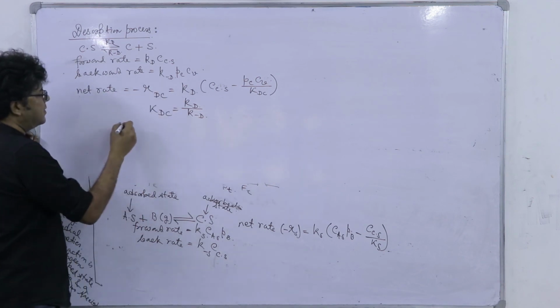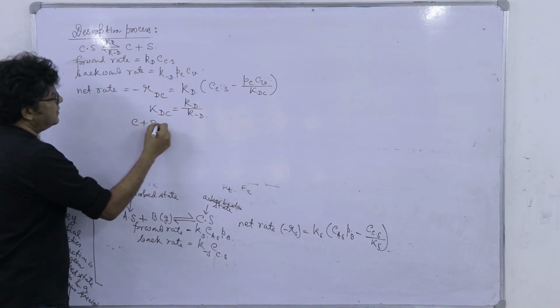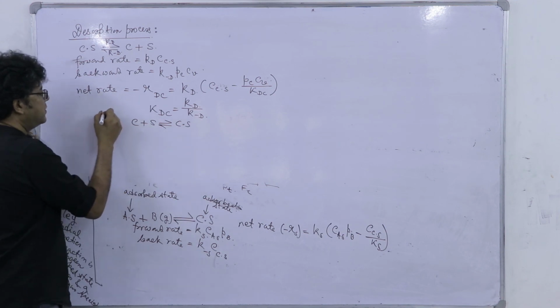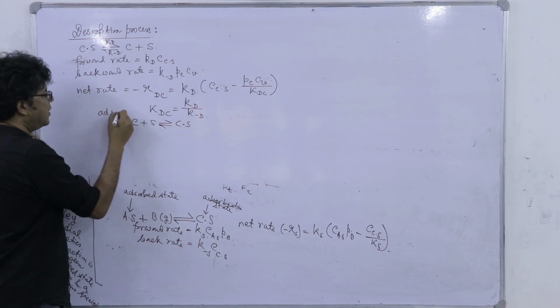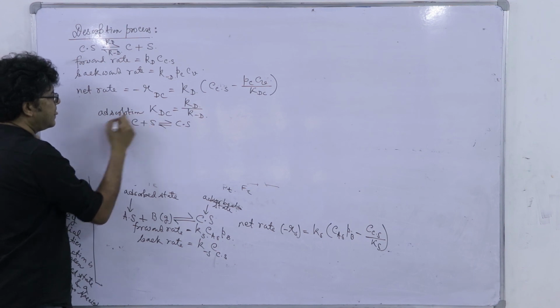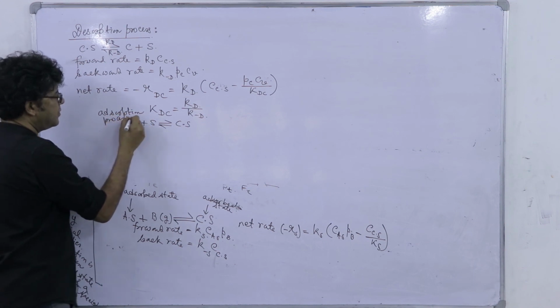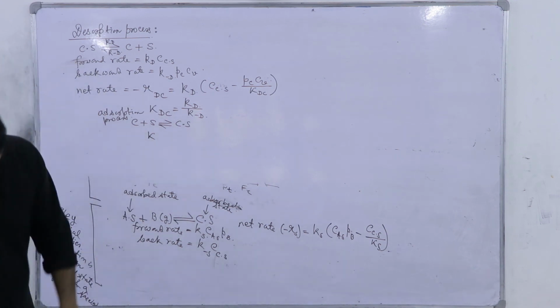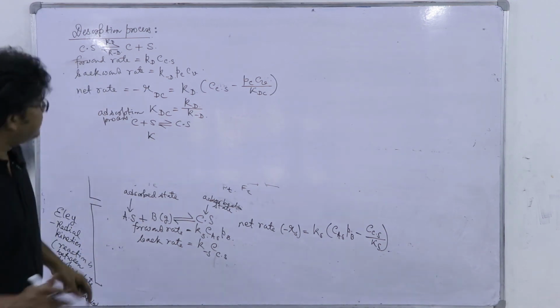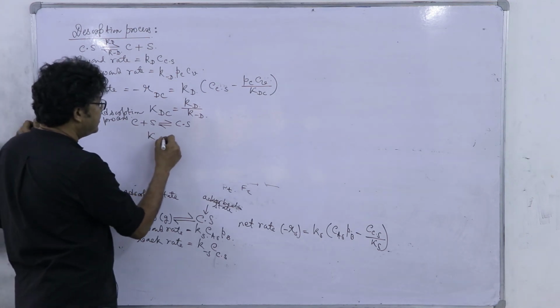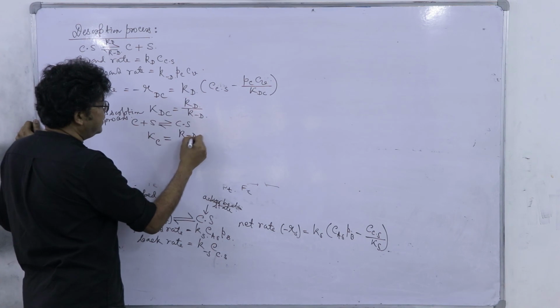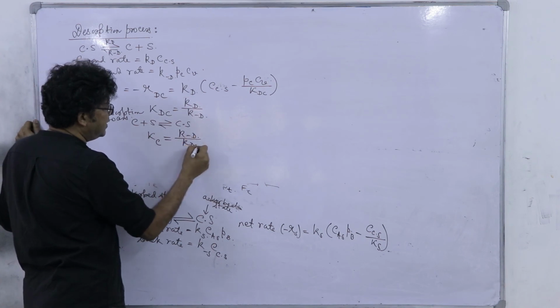Now, if I think of the process in the reverse way, C plus S giving C·S, this is the adsorption process. And here the notation I have used is Kc. So, Kc is K of minus d divided by Kd.